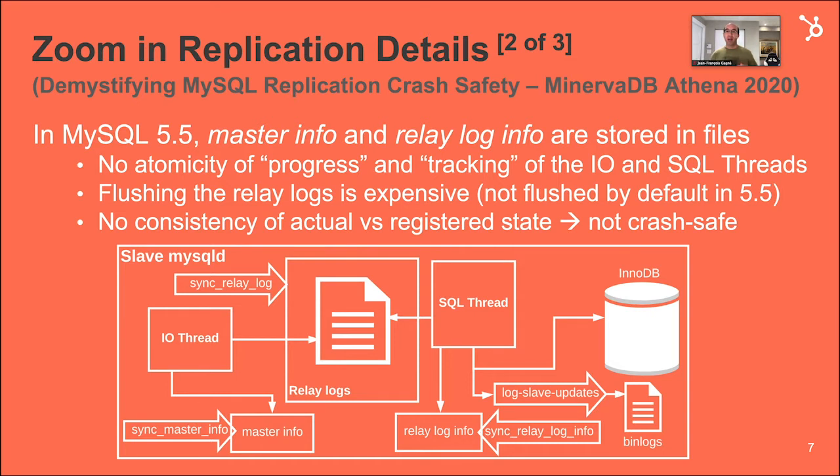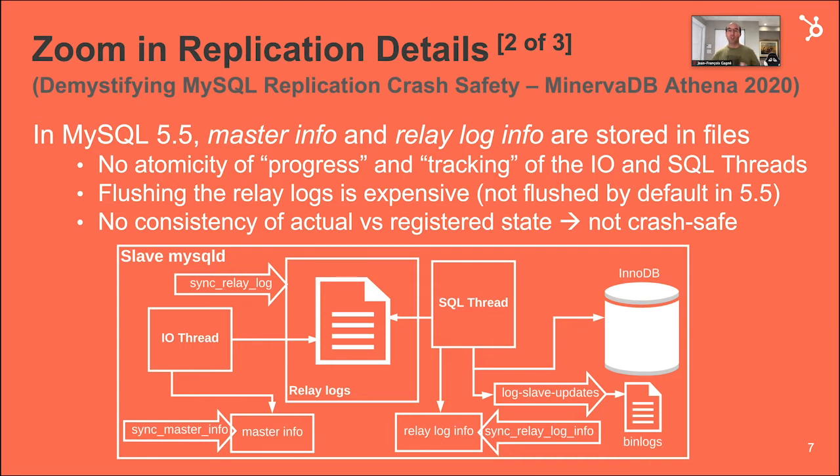Also, the IO thread will not flush the relay log every time it writes to it. So here I have to introduce writing and flushing. When the IO thread writes something, or when MySQL writes something in general, it writes it to Linux and then it sits in an operating system buffer in memory. And when we flush, we ask the operating system to put this to disk, so to be persistent and to be able to stay on disk after a crash.